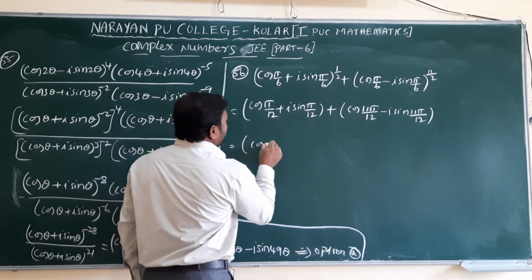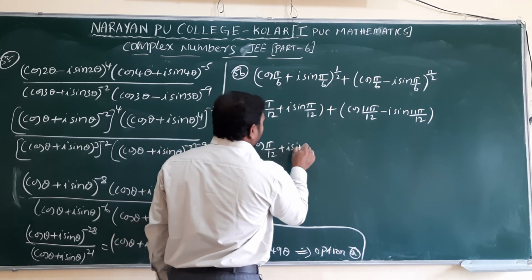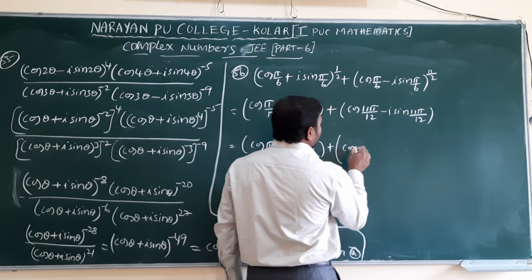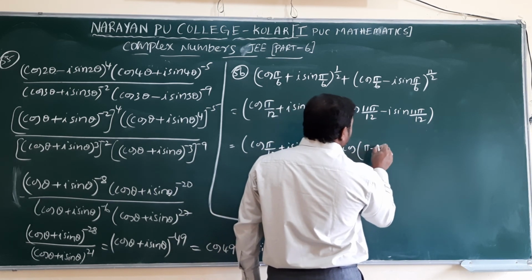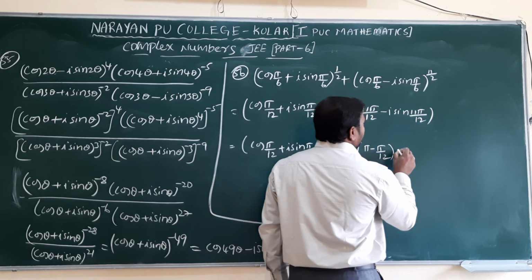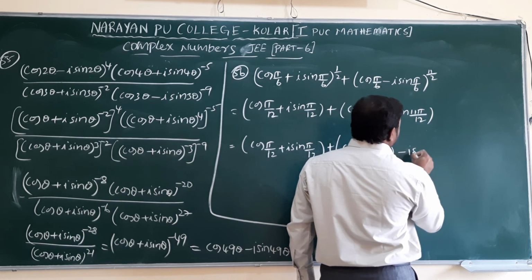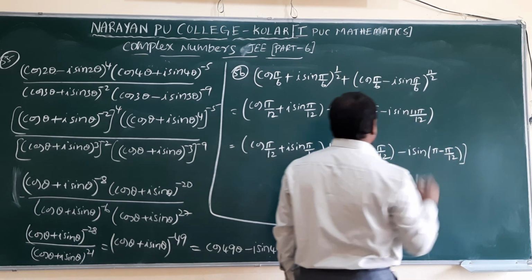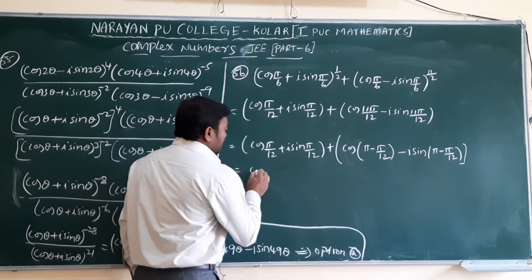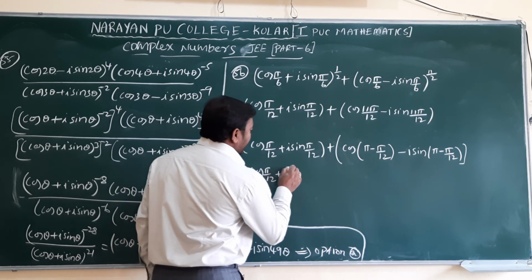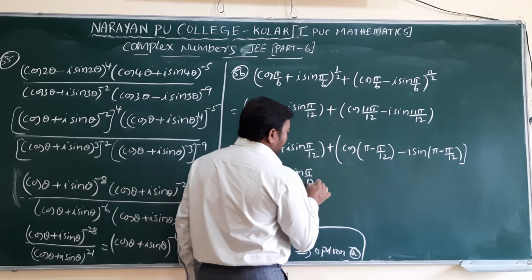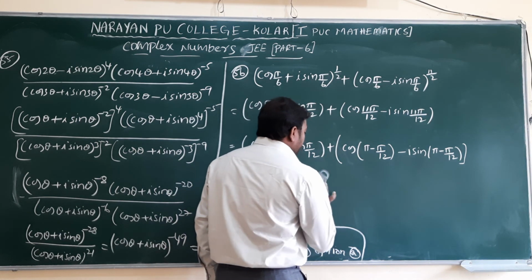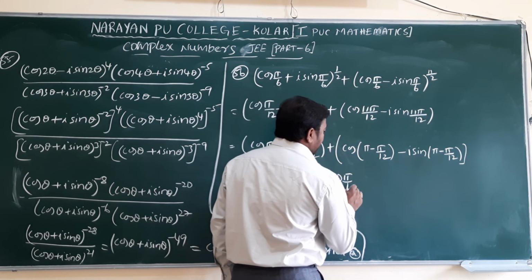Now here cos of pi/12 plus i sin of pi/12 plus cos of pi minus pi/12 minus i sin of pi minus pi/12. Cos pi/12 plus i sin pi/12 plus cos of 180 minus theta, which is minus cos theta, we get minus cos pi/12.